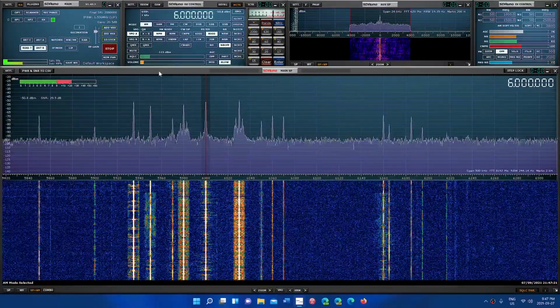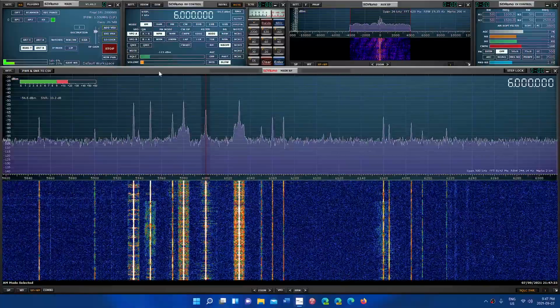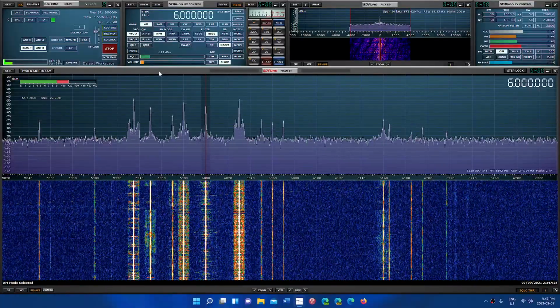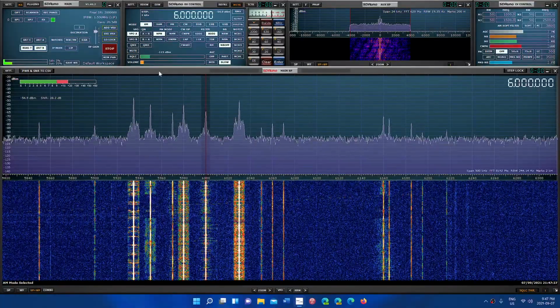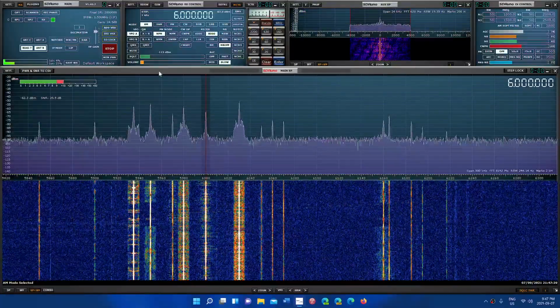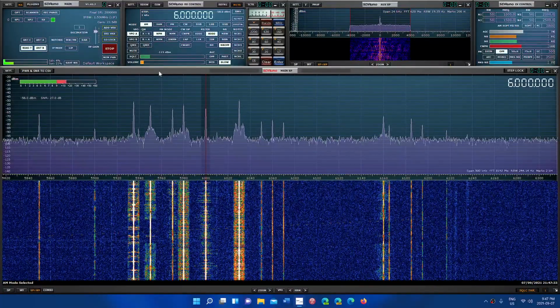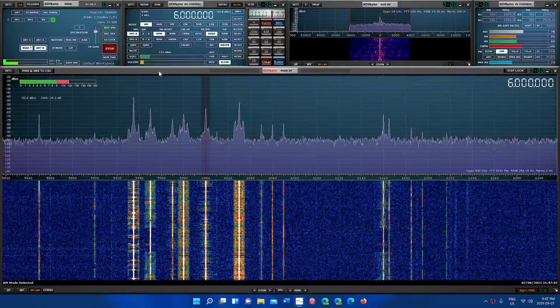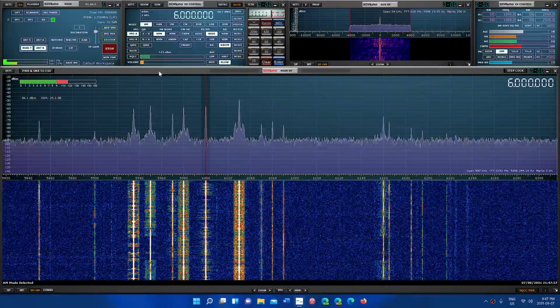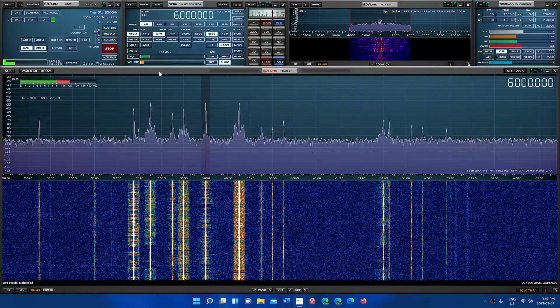And part of it has to do with its processing power. The more powerful the hardware around it, the larger the spectrum at one time you can actually watch. And of course, the limits also go with the computer's power, the USB port speeds, and so on.